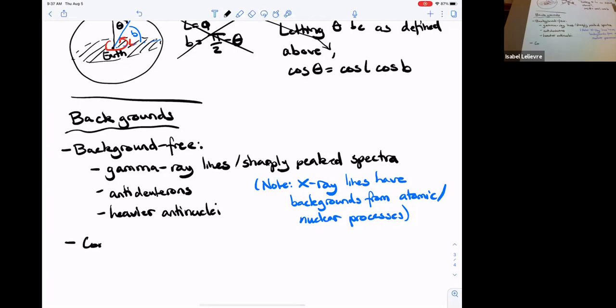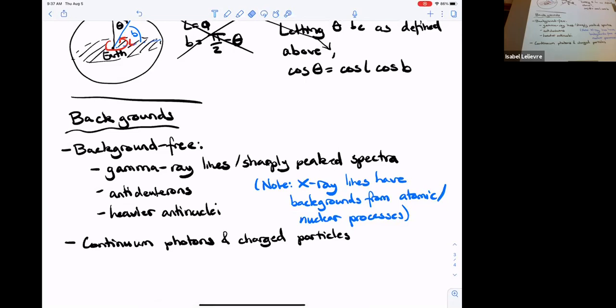Now, when we think about backgrounds for continuum photons and charged particles, at least at the sort of GeV to TeV energies that we've spent a lot of time talking about, there are a lot. All the processes that we talked about, like high energy protons hitting the gas and making secondaries, and high energy electrons interacting with the starlight and upscattering it to high energies, work for conventionally produced electrons and protons as well, not just those from dark matter annihilation.